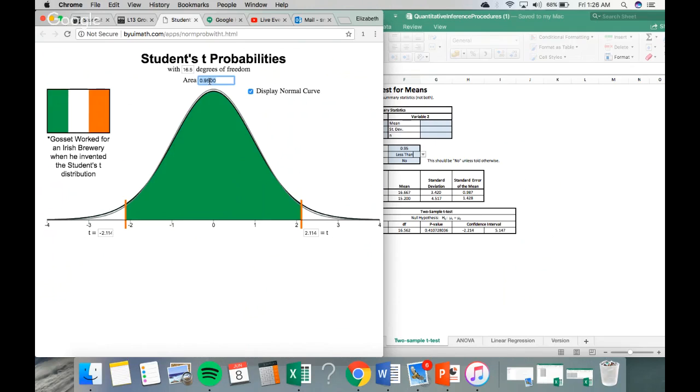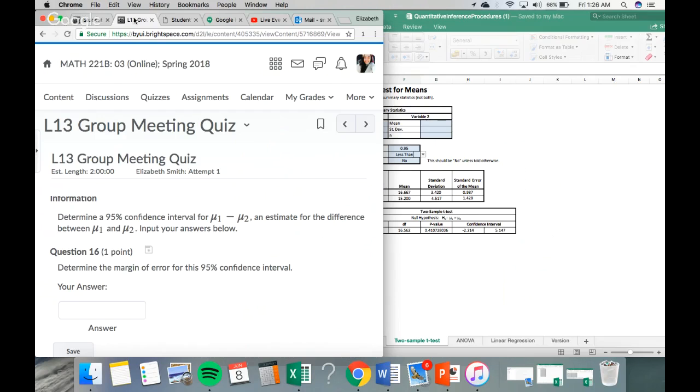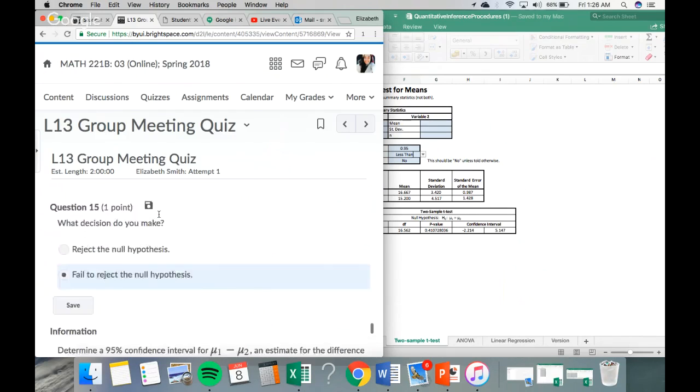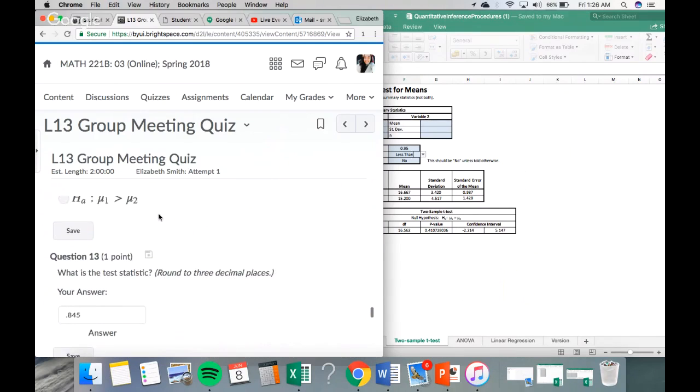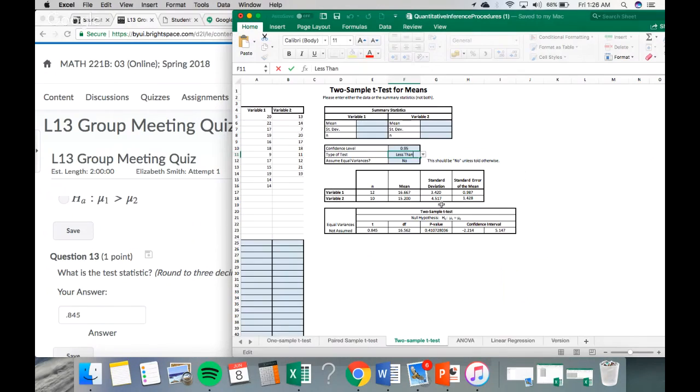Okay. So we do 2.114 times the standard deviation, which is this, 4.517, divided by, nope, I delete.